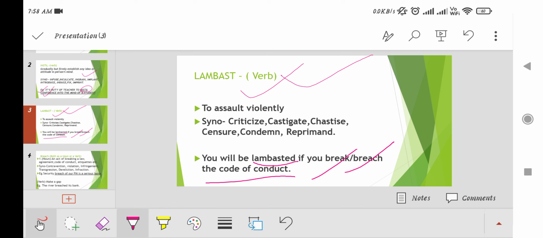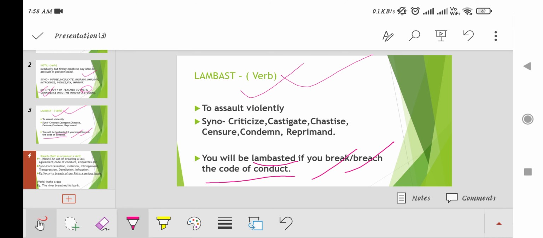Okay, means if you break or breach the code of conduct, etiquettes, you will be lambasted. Means अगर आप मर्यादाओं का उल्लंघन करते हैं तो आपका क्या होगा, क्रिटिसाइज होगा, लोग आपकी निंदा करेंगे. These are the words.